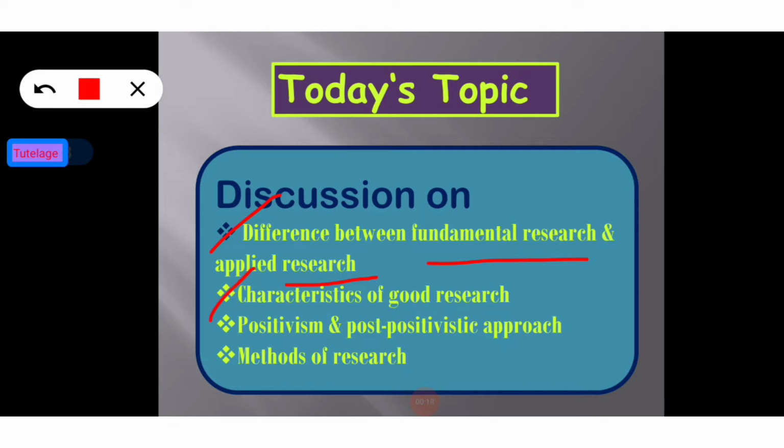Second one is characteristics of good research. Third one is one of the most important concepts of this chapter, that is positivism and post-positivism approach. And last one is methods of research. So now going to the next slide or main slide, and let's start the session.